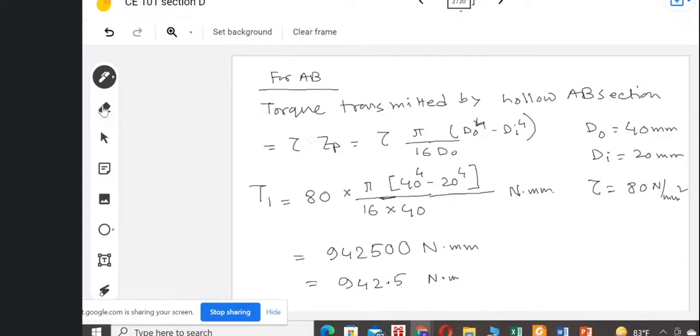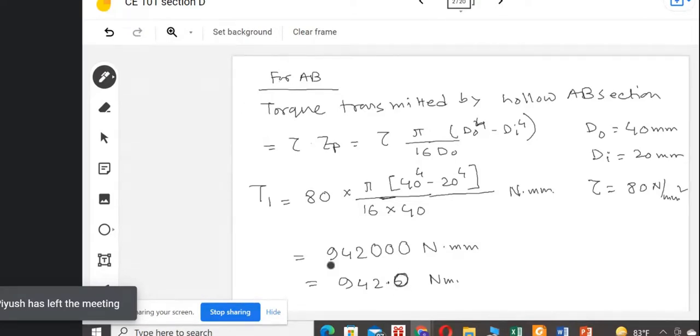Sir, 942000. 9420 not 500, it is 0, so maybe they have done some mistake. Okay. Fine, then 942 Newton meter. This is coming as T1.